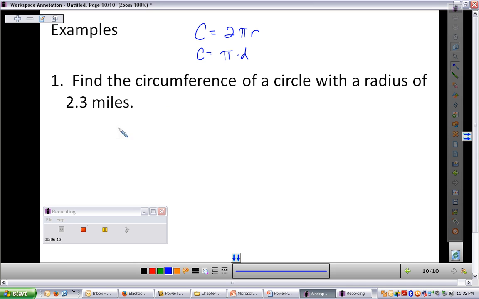If the radius of a circle is 2.3, then the diameter is going to be double that, 4.6. So regardless of how I plug it in, circumference equals 2 times pi times 2.3, or circumference equals pi times 4.6. Regardless of how I plug it in, the circumference of this circle is going to be 4.6 pi miles.